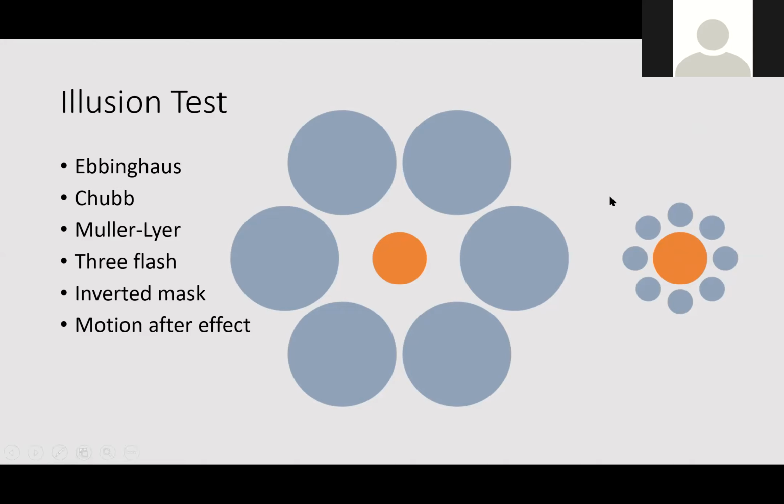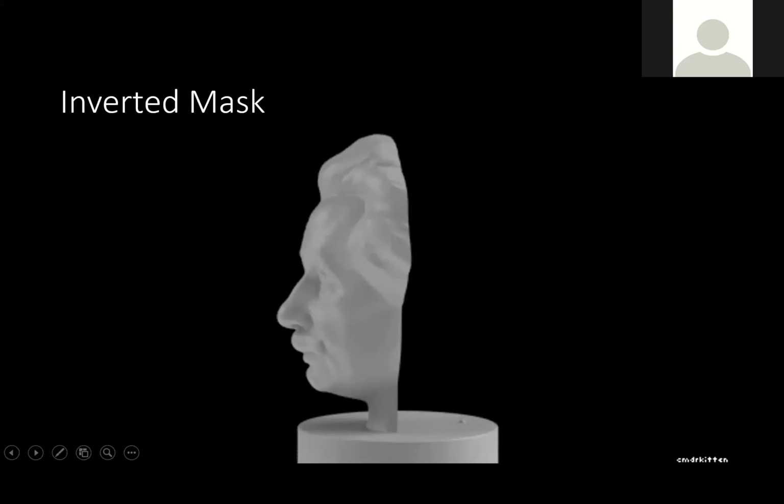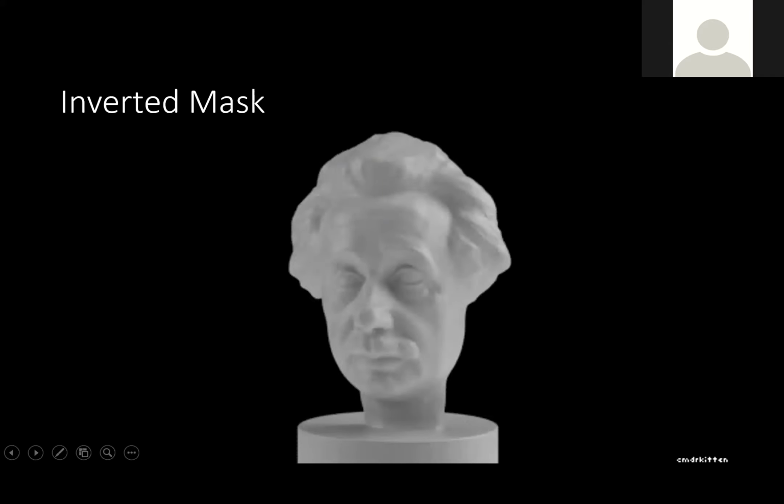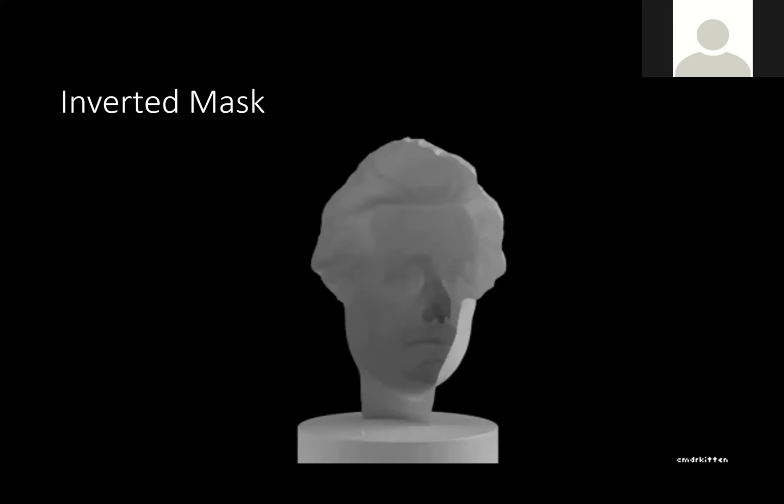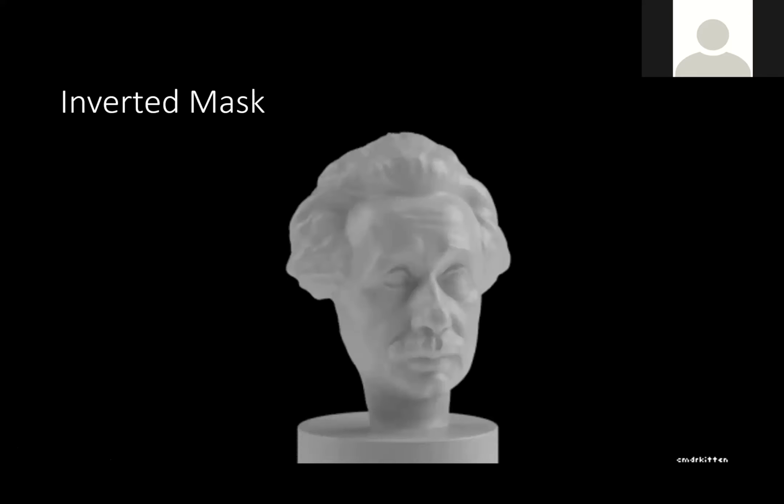And so let's look at this one. This one is tested in schizophrenics, and they do not respond to this illusion as well. Like, look right here. When the mask is turning, you observe that it looks like the mask is facing towards you, even though it's facing the opposite direction.